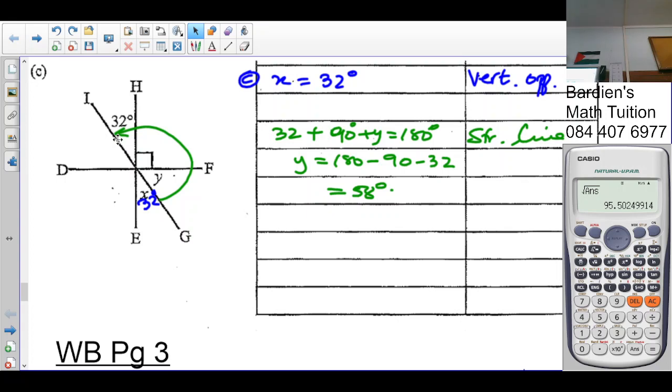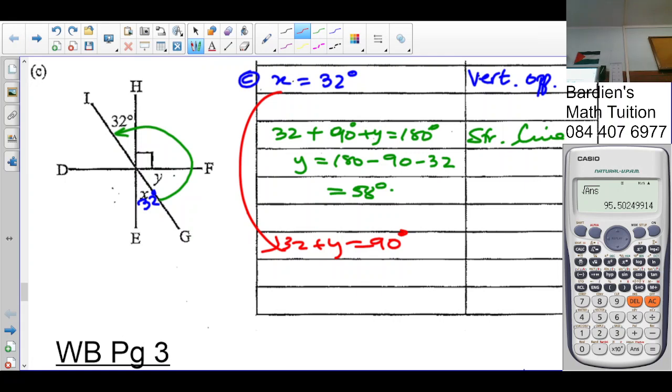Because the opposite side was 32, which means you got x to be 32, no? You wrote the first line. Then what did you write after that? You wrote 32 plus y is equal to 90 degrees. Why? What's your reason?